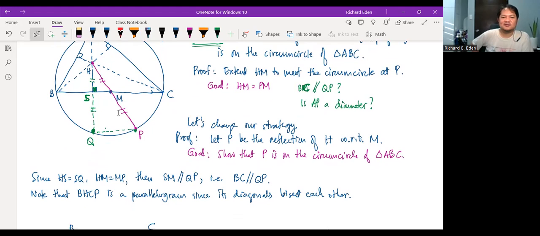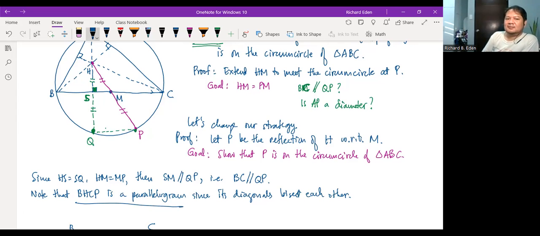Okay. So if they're congruent, then BH is the same as BQ, which is already proven. Yeah. But then BHCP is a parallelogram. Yes, okay. BH congruent to CP and CP congruent to BQ.